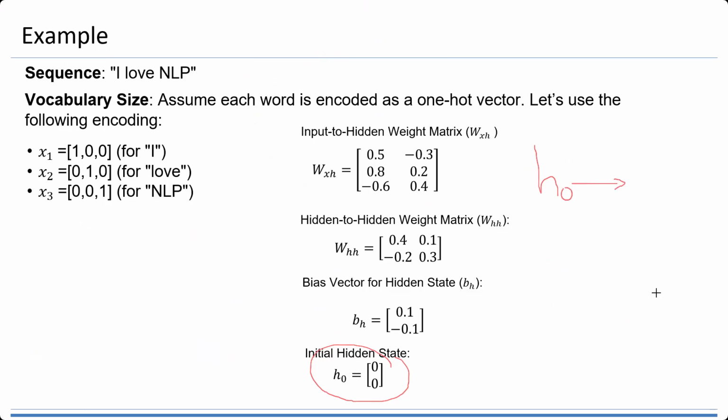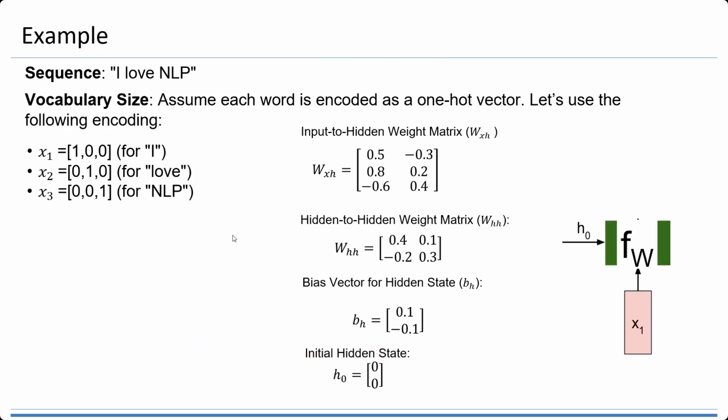Now we will have the structure, which is H0 and X1, and we are going to use a formula to determine the H1. So using this information, okay, this is the H0, and then we have the X1, X1 is this one, and we apply the formula that we have.